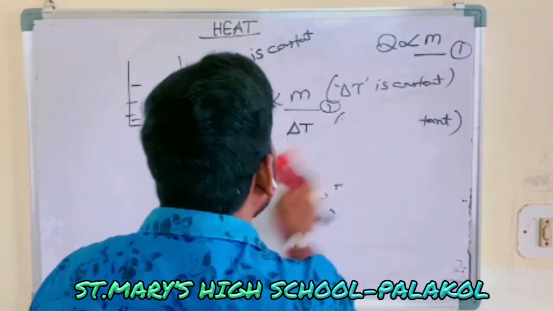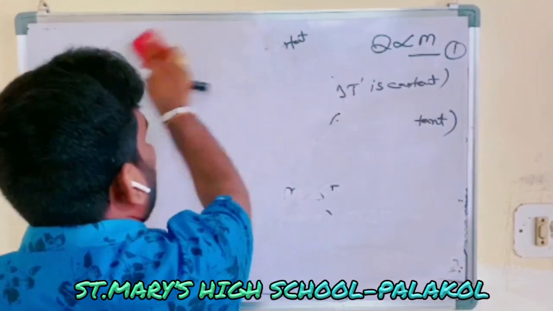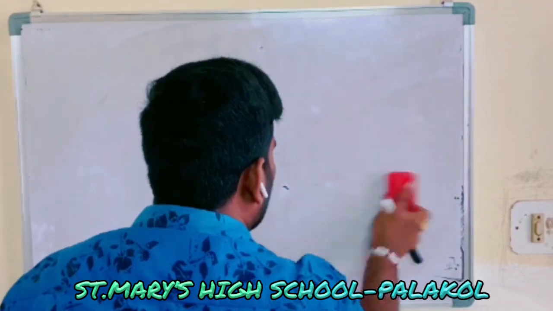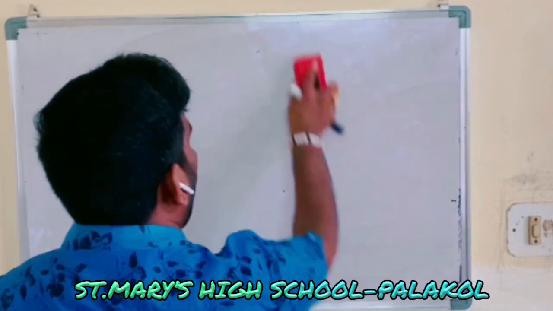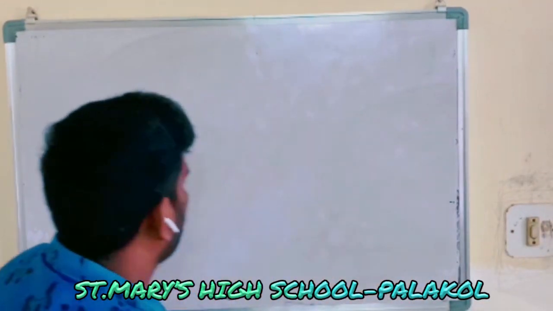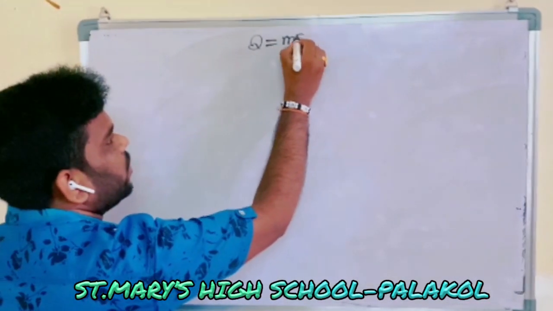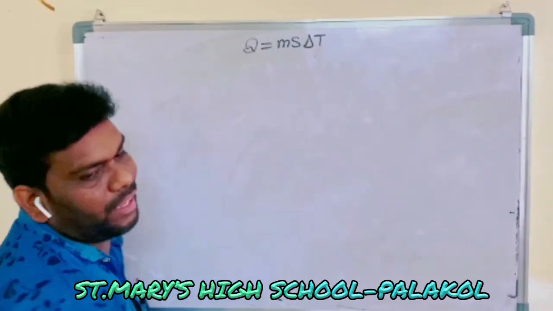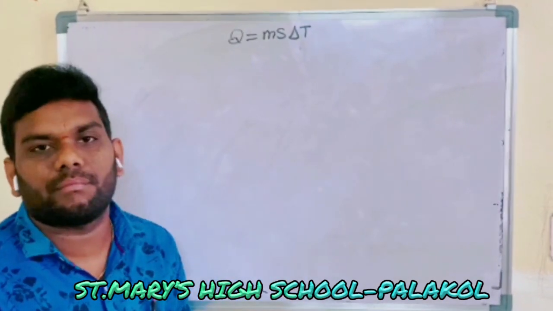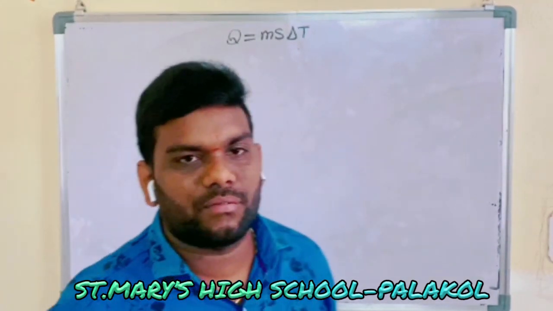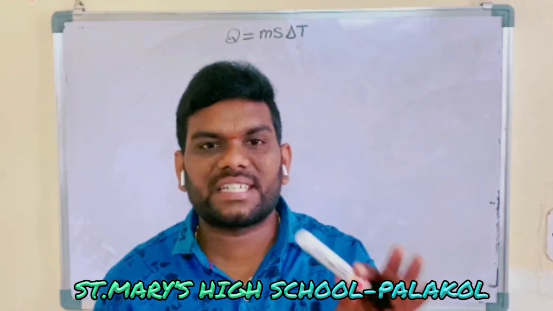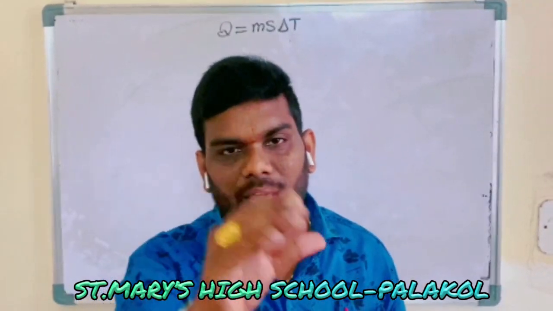So what is the equation of specific heat? From the last equation, Q is equal to M S delta T. What is M? Mass. What is S? Specific heat. What is delta T? Change in temperature.